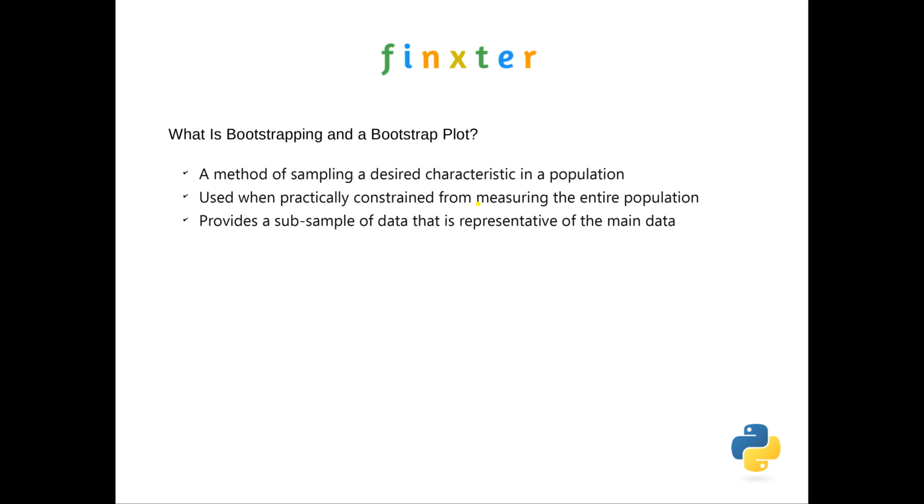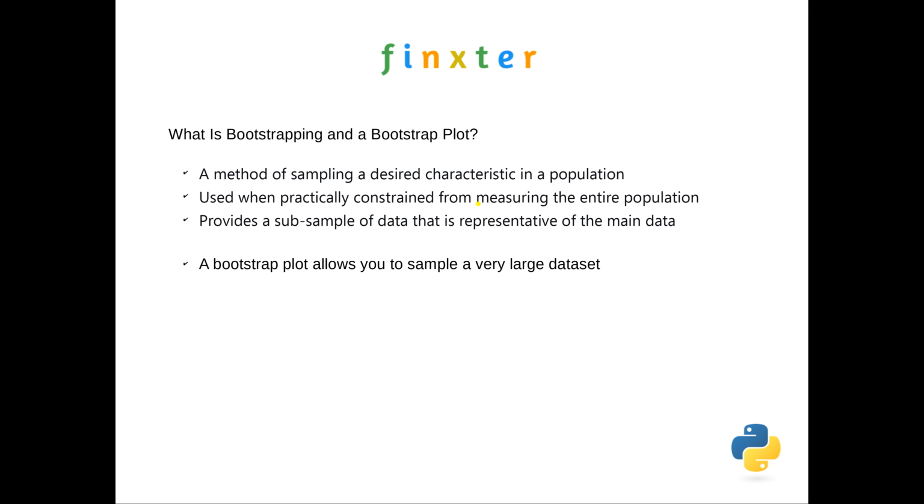So each gate might do 50 samples of 5, which gives you a considerable number of subsamples that you can use to carry out your analysis, and you've got a reasonable level of confidence that the information you get would be representative of the main data, which is everybody in the stadium.